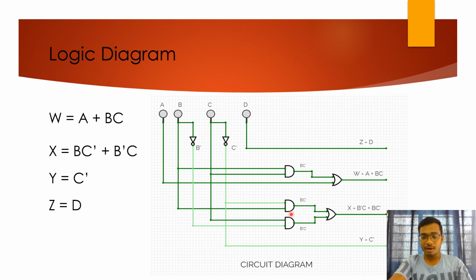So I'm having an AND gate here for B C bar, taking the input from B and then from C bar, then one more for B bar C. The outputs of these two AND gates are given to an OR gate, and I'm getting the X.